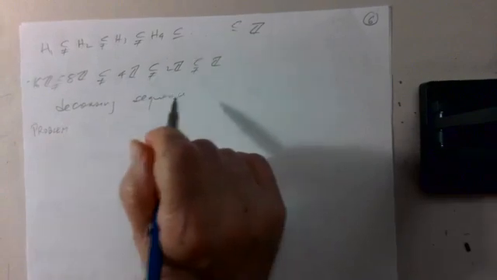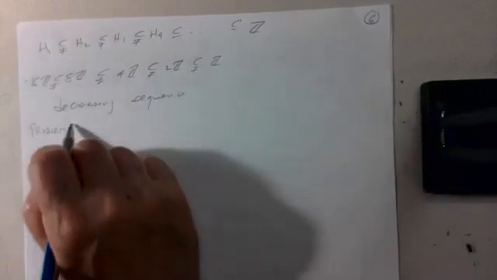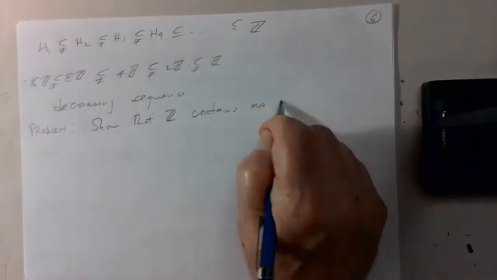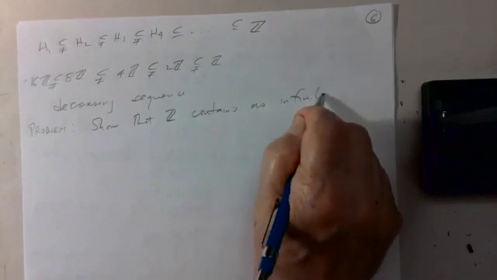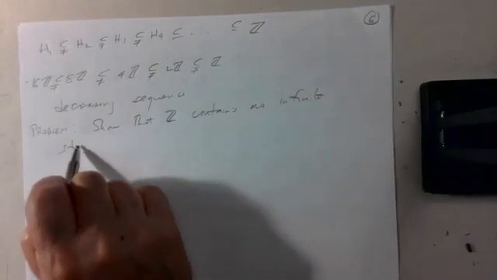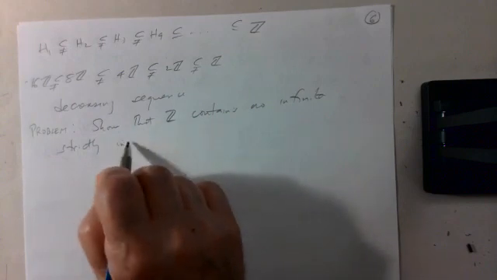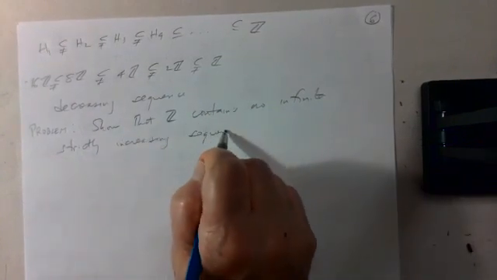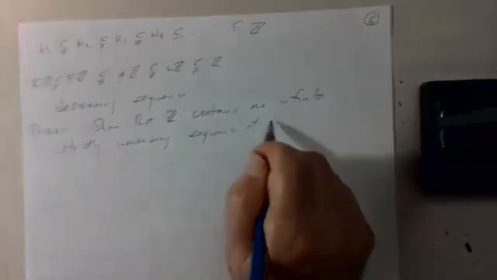so in general, the problem is to show that Z contains no infinite, strictly increasing sequence of subgroups.